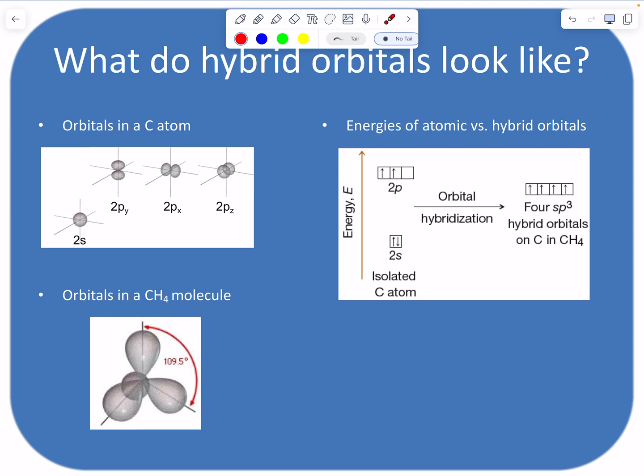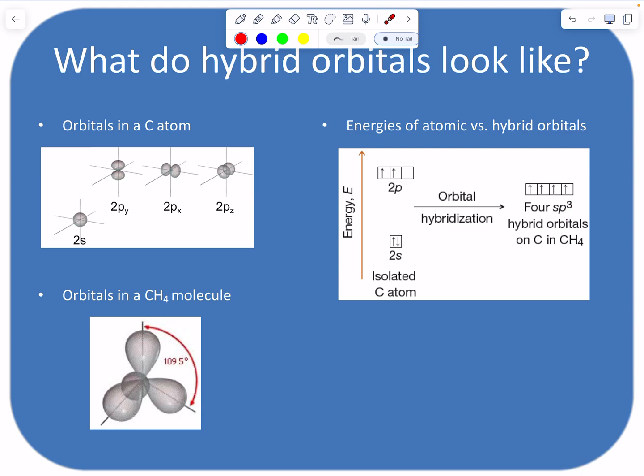We have 4 electrons, so we have to have 4 things in total where the electrons can go. We're always only going to have one s-type thing in our hybrid orbital, and we can have up to 3 p-type things, so 3 p-type things and 1 s-type thing mixing to form a hybrid orbital.